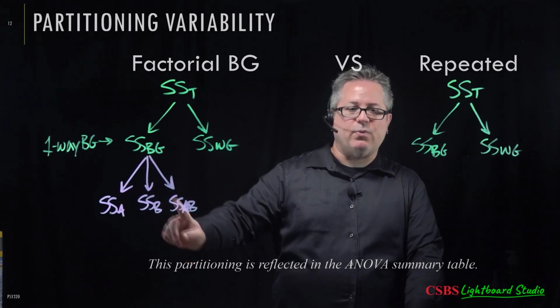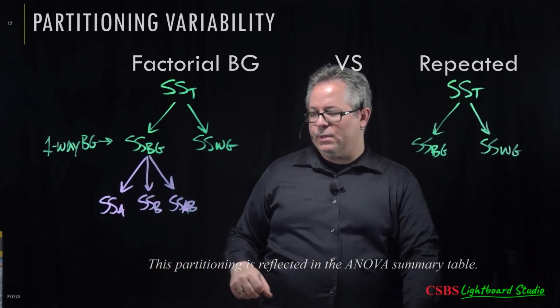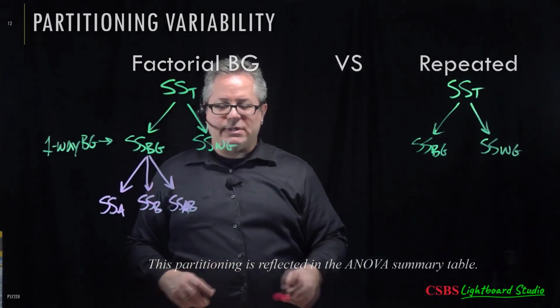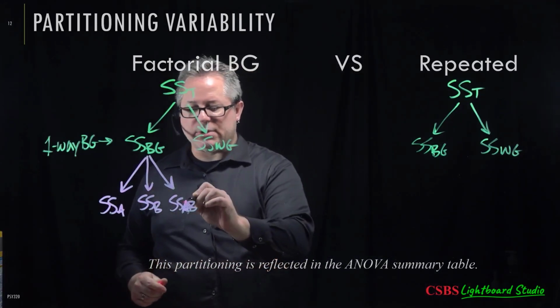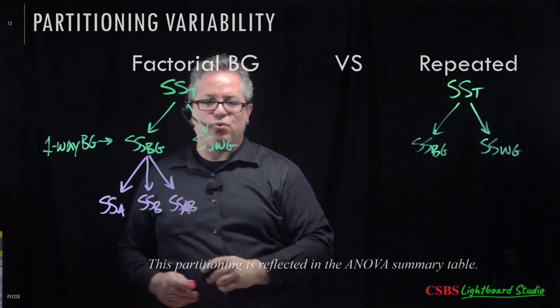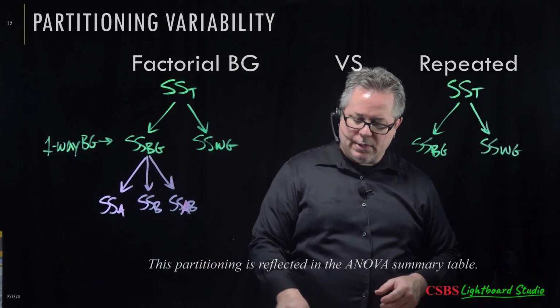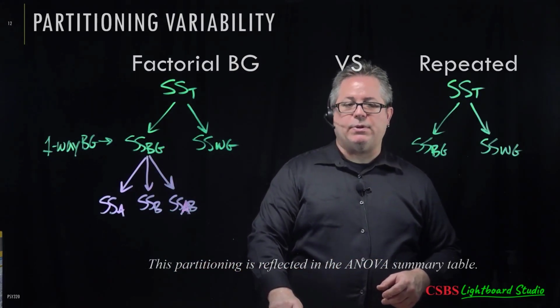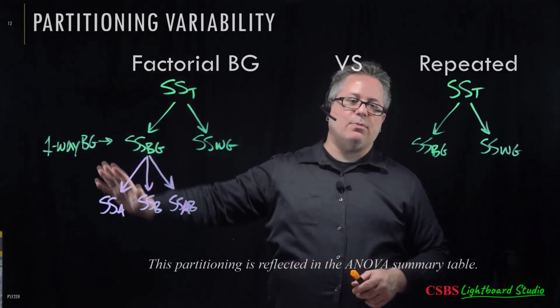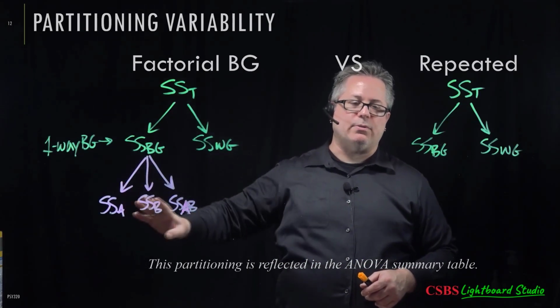These are all different ways in which our groups differ, so they're all components underneath the between groups sum of squares. And that's what we've already talked about. This is not new. This is all part of the factorial between groups part, right?